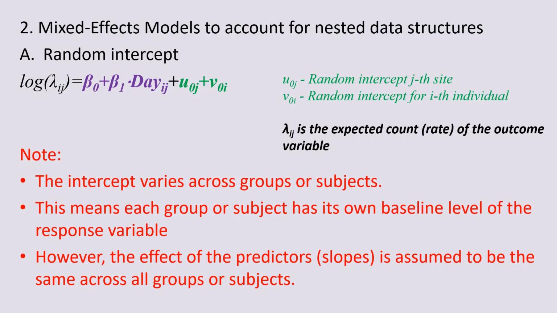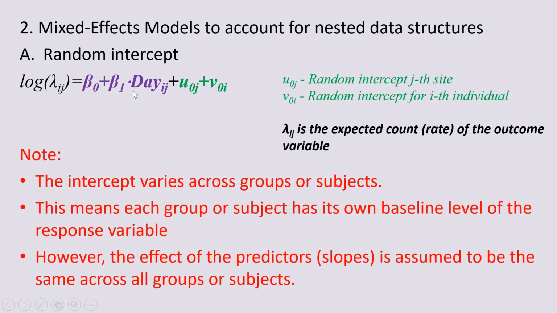Please note that this is the theoretical model, where lambda ij is the expected count rate of the outcome variable. This is the expected rate of coughs. Beta 0 is an intercept.